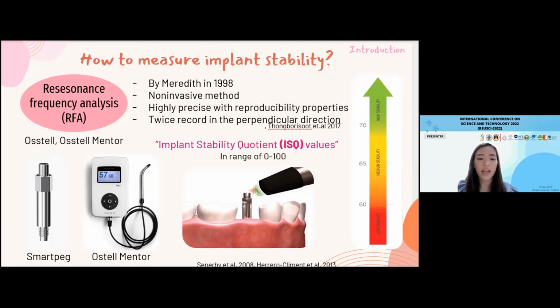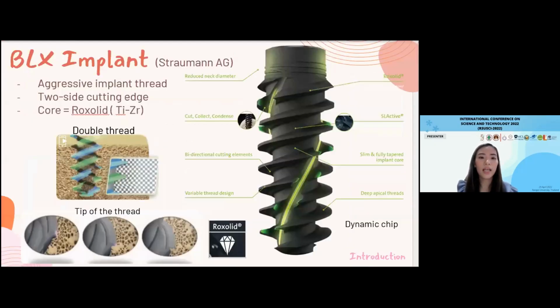Moreover, implant architecture and design is an important factor to promote implant stability. The BLX implant was recently launched. This implant design has an aggressive implant thread with a two-side cutting edge for engaging alveolar bone and obtaining maximum primary stability. The core material is titanium combined with zirconia, or Roxolid, which has higher tensile and fatigue strength than pure titanium.